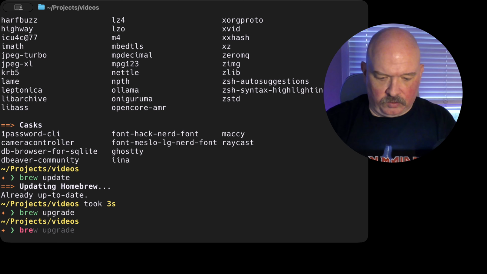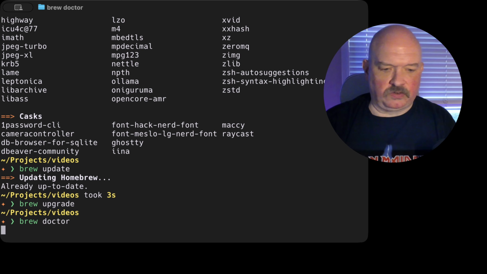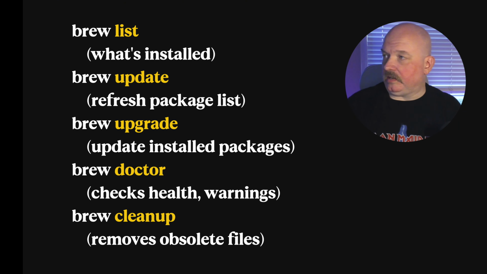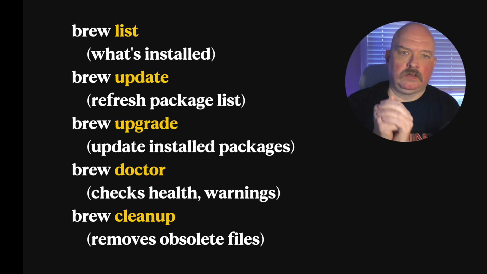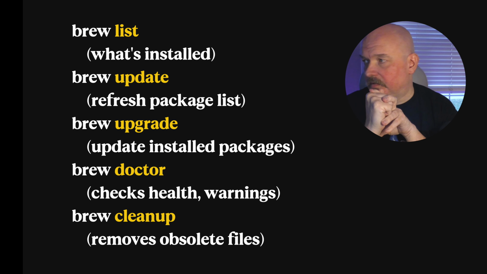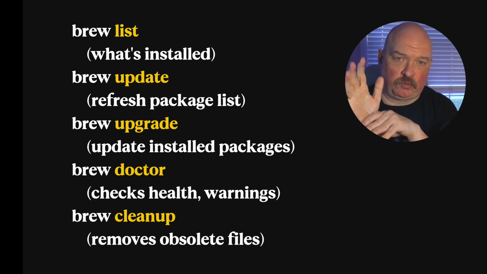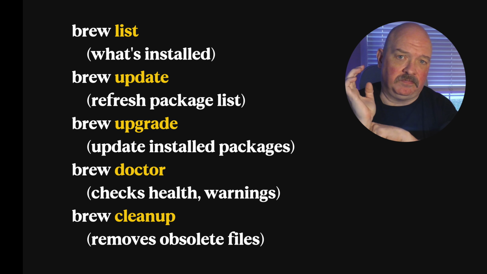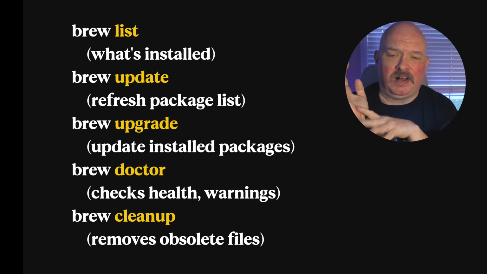Then we have brew doctor, which is going to go through and give you some warnings. So again, here are your main cleanup commands: brew update, brew upgrade, brew doctor, and brew cleanup. I usually run the first three once a week. Cleanup maybe once a month.